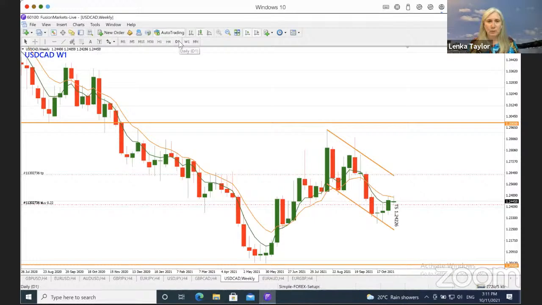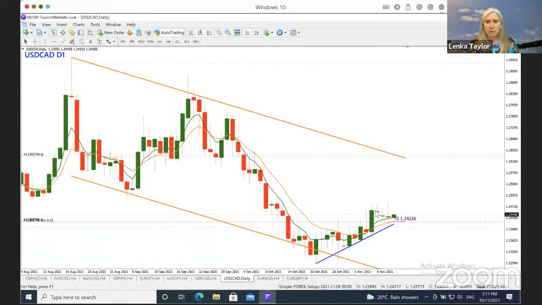So I'm looking for a short trade, maybe 1 to 2 risk to reward ratio, and getting out around that maximum area here, depending on what the price looks like when it gets there. But that's the plan at the moment.